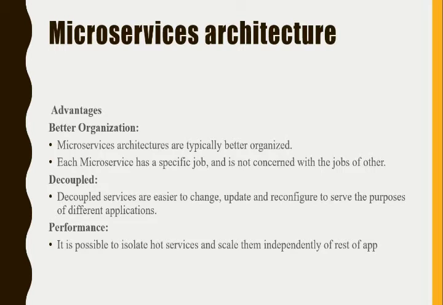Another advantage of using microservices is decoupling. As every microservice is independent of the other microservices, it is easy to change, update, and configure any portion of the application easily. The other advantage microservices architecture provides us is performance. Due to the small size of microservices, it is easy to debug.